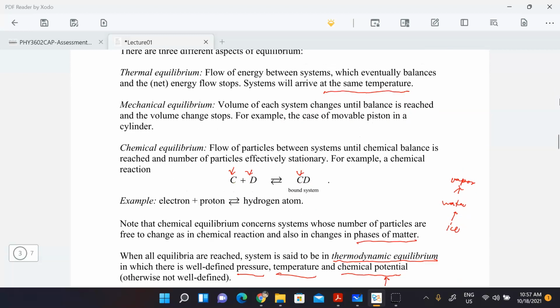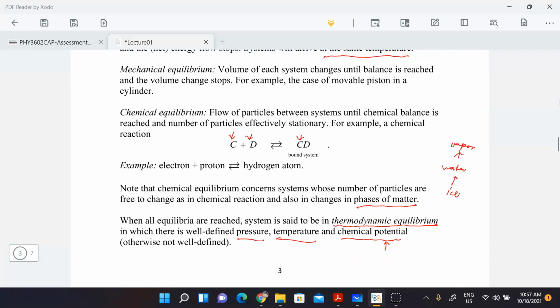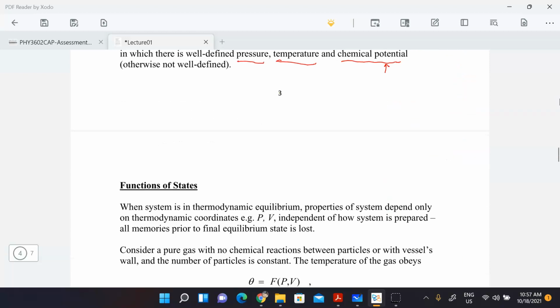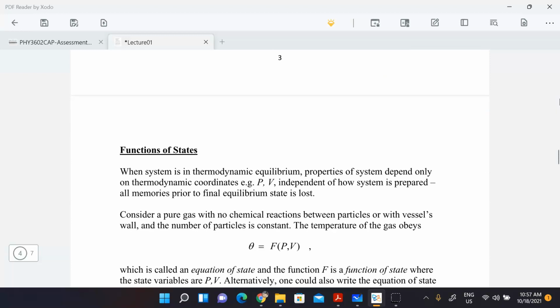Then you find that one can do this irrespective of the process that one has. How should I say this? The idea is once you go to the final state, going from one particular P and V to another particular P and V, all the things that happen in between are forgotten.